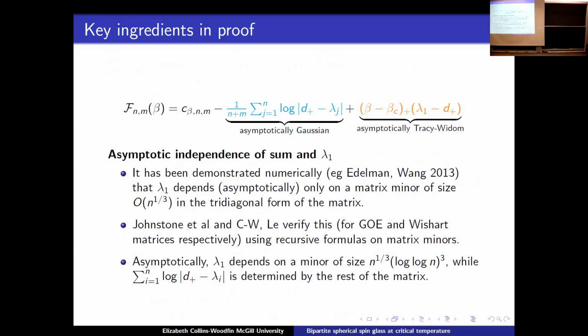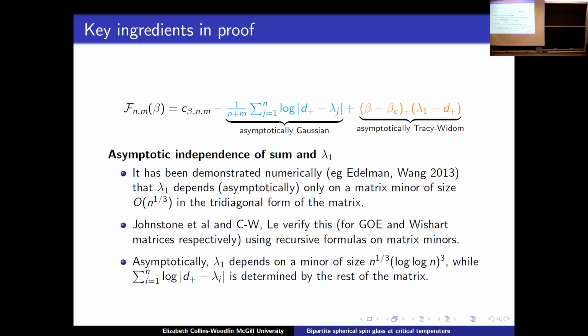But one other thing that I want to mention before I go there is the asymptotic independence of these two terms. So you should be a bit concerned if I was claiming to you that these two things are truly independent, because clearly they're not. In particular, they both involve the eigenvalue lambda 1. So they're not independent, but they are asymptotically independent.